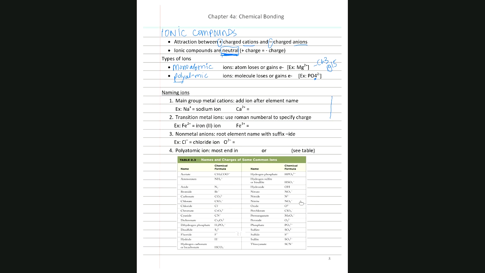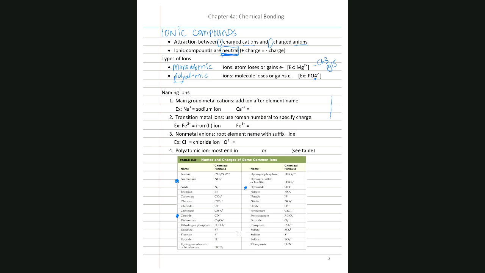The couple that I tell you to memorize, because otherwise you'll just get confused a lot, are hydroxide, which is right here, and cyanide, which is right here, and ammonium, which is right here. Because those 3 sound like elements that you would find on the periodic table. And then you'll sit there looking for the element ammonium on your periodic table and you won't find it. So really, those three, memorize those.